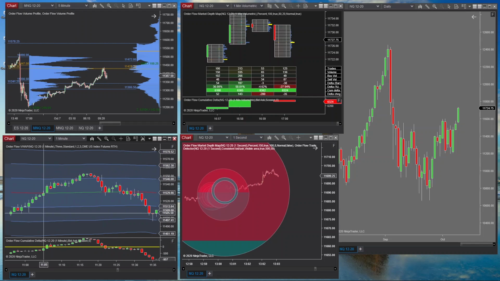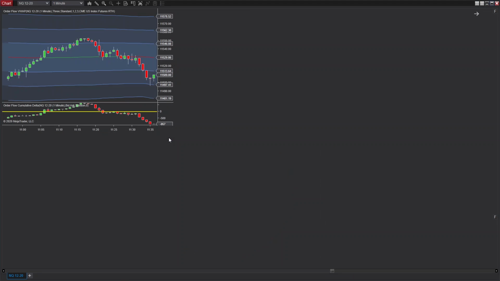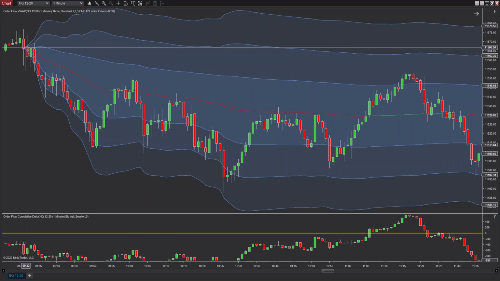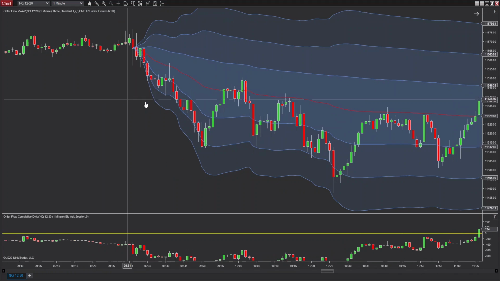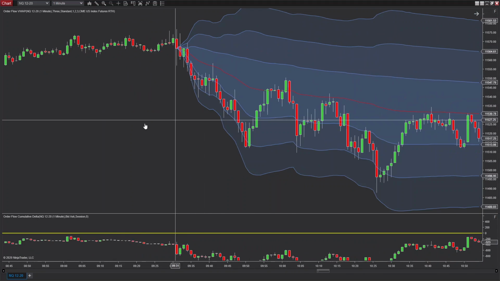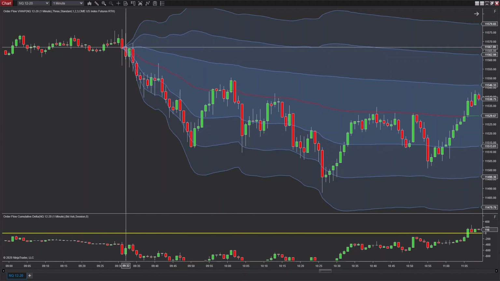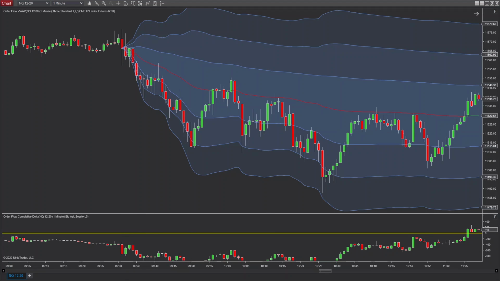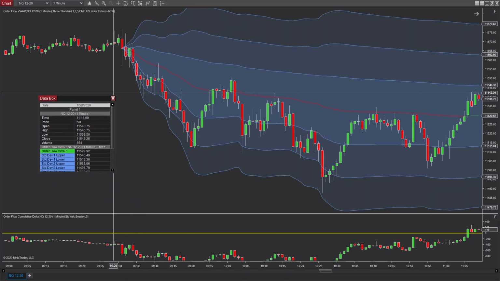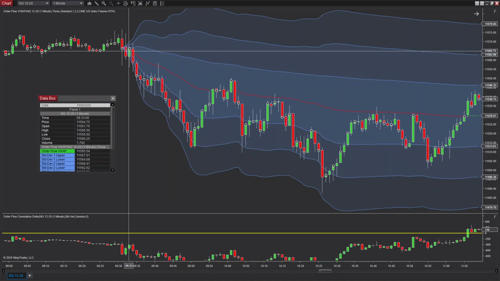Okay, so this was just using the VWAP, guys. I didn't even look at the volume profile yet. So let me just verify here what I'm looking at. I'm looking at 9:30 in the morning on, let me get my trade data box here. Okay, so this is October 8th, right?